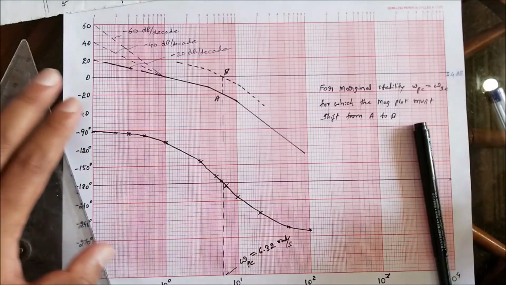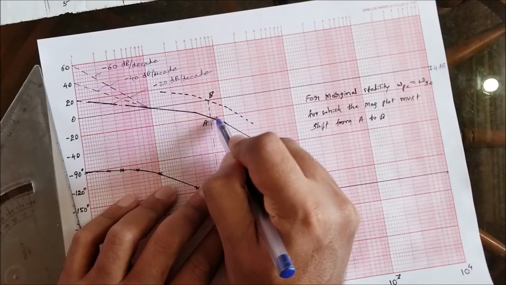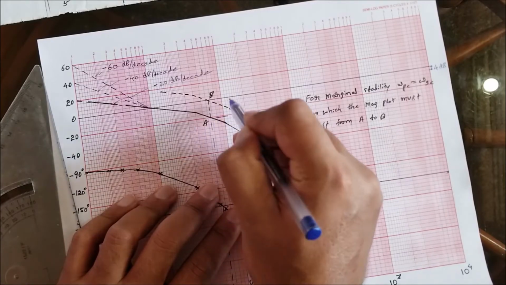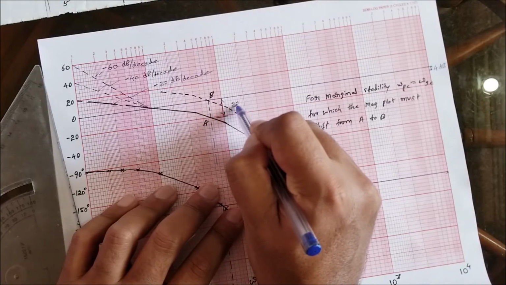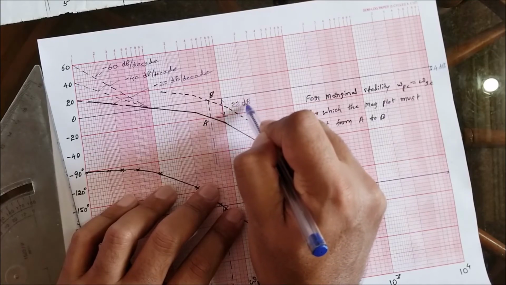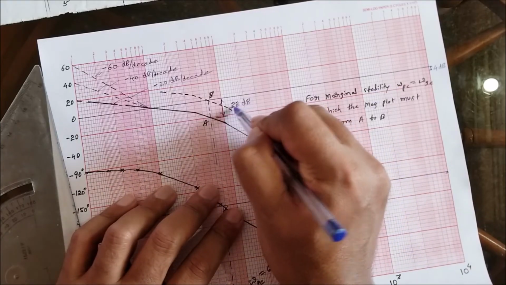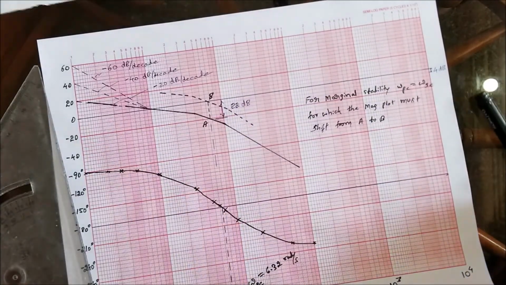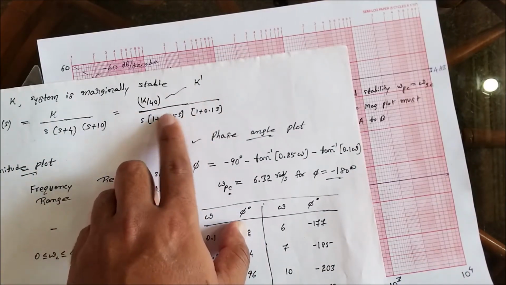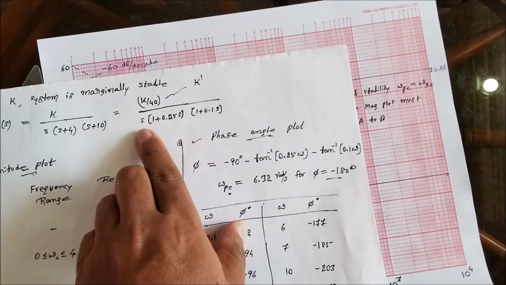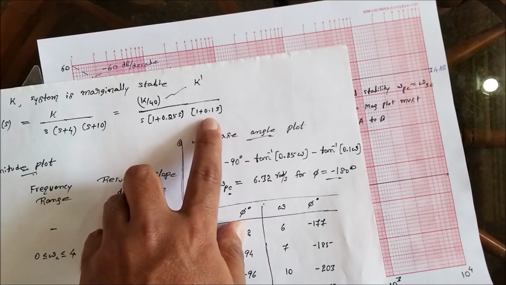So hence this shift is nothing but 22 decibels. The shift required is 22 decibels. Now, in the problem we have the standard form as K dash divided by s(1 plus 0.25s)(1 plus 0.1s).